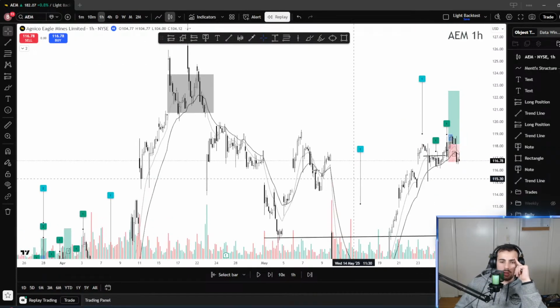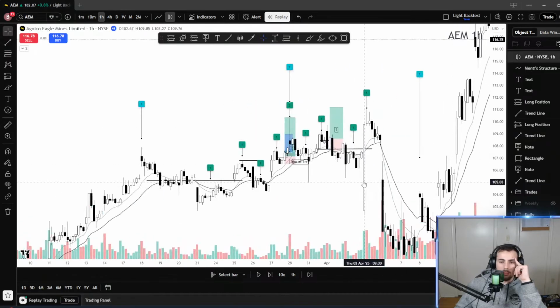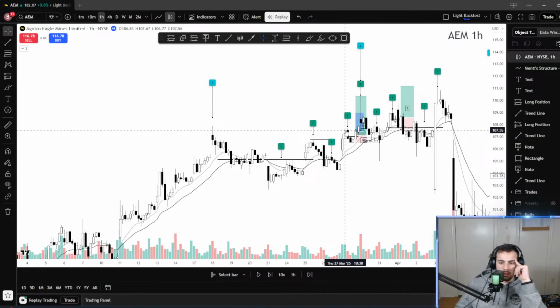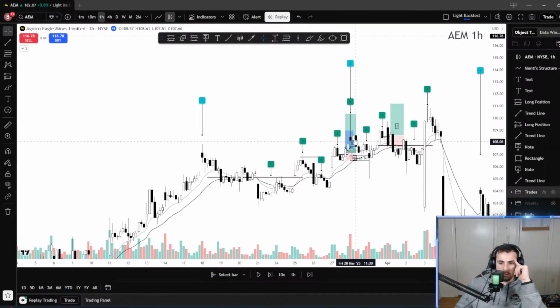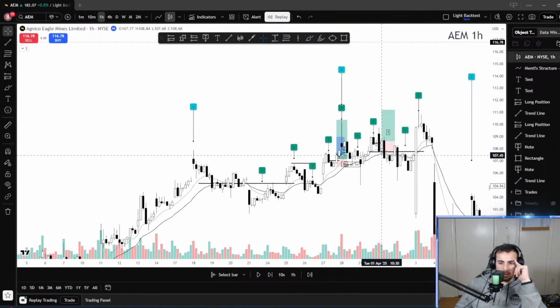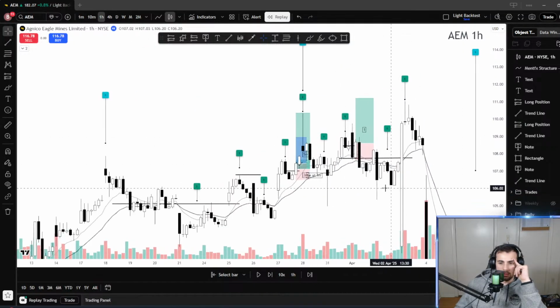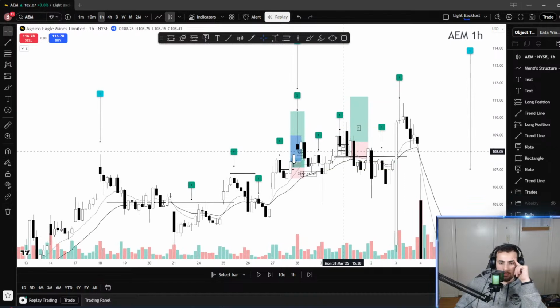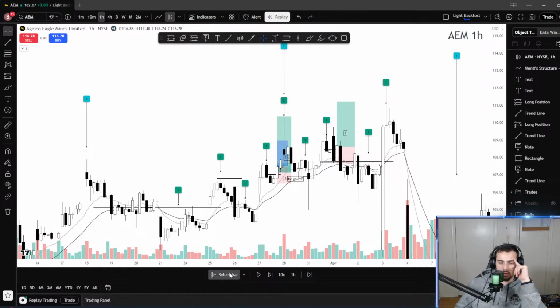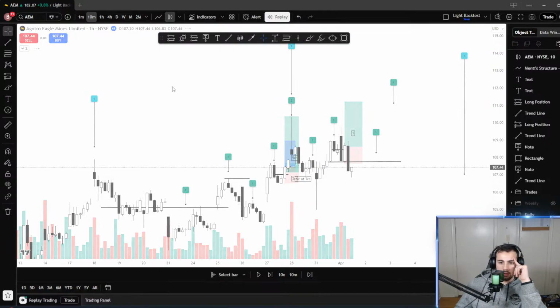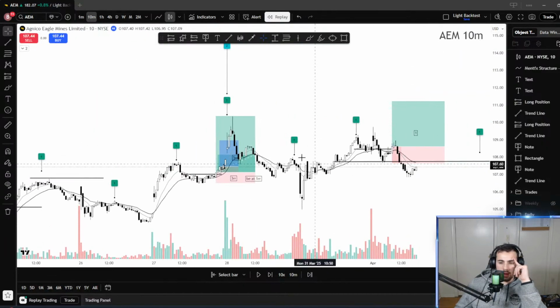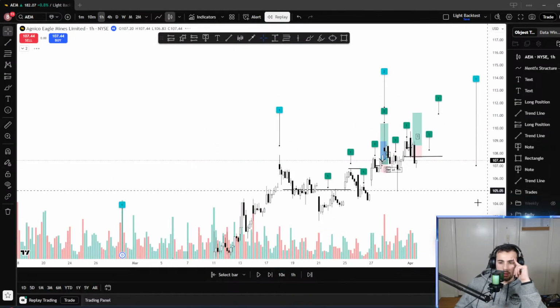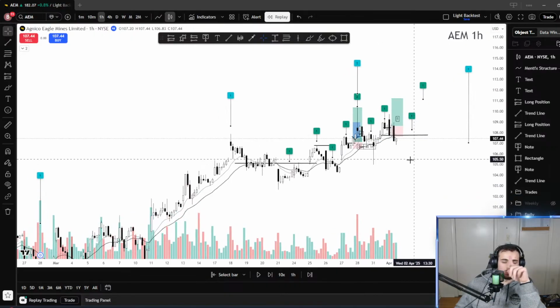Let's compare it to the other 1 hour pullbacks. Kind of steady, multiple candles. This one was actually aggressive. And that one came to a loss too, actually. That's interesting. What did that entry look like? Oh, okay, that was that one. So that came to a loss as well.